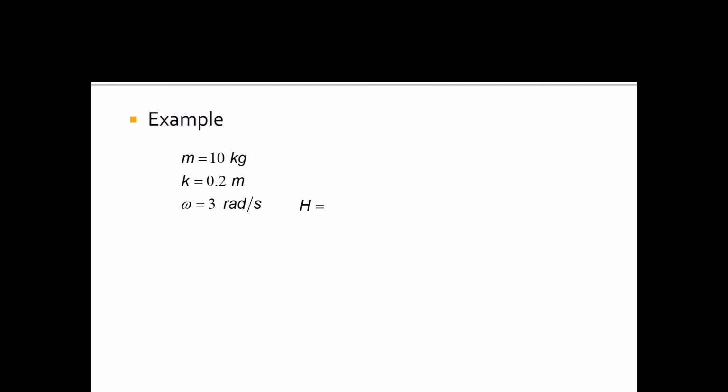Mass is 10, times k squared, 0.2 squared, and lastly times angular velocity.